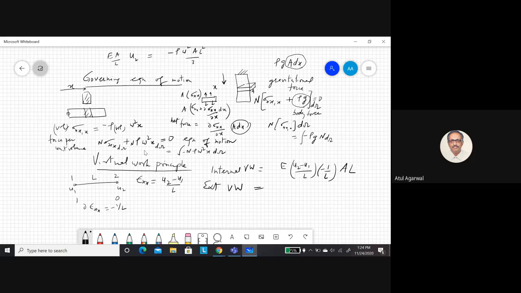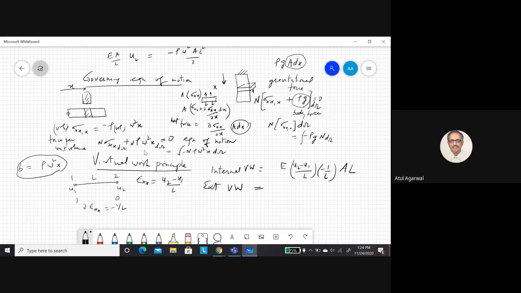You say there is a body force here. What is the body force? This is the expression for body force. So body force is rho omega square x. So this is known as body force.